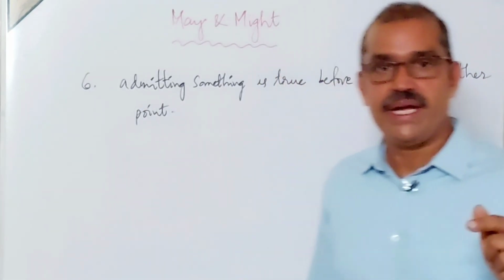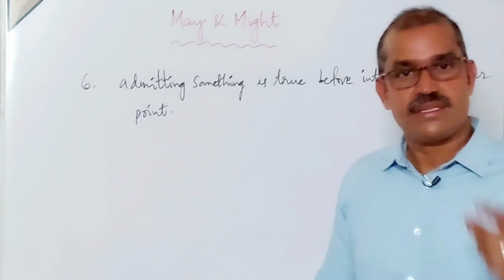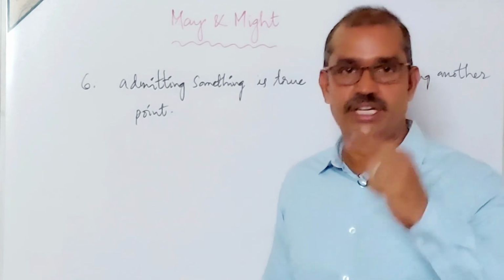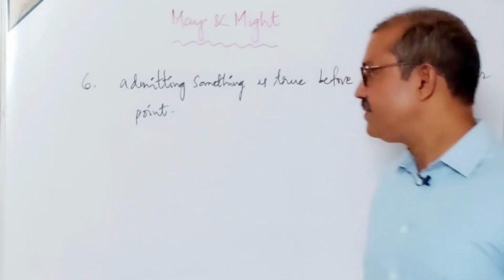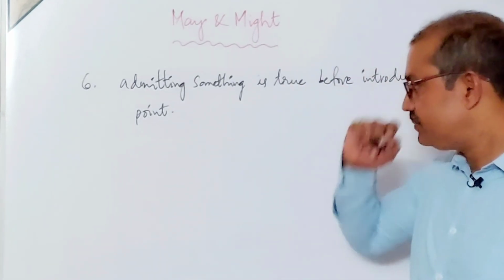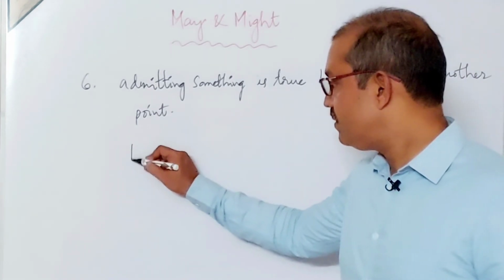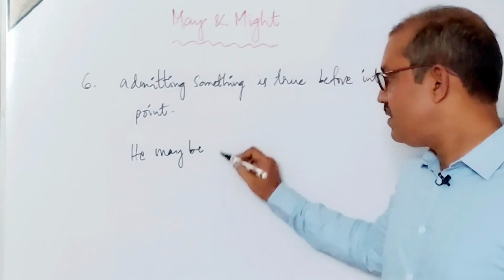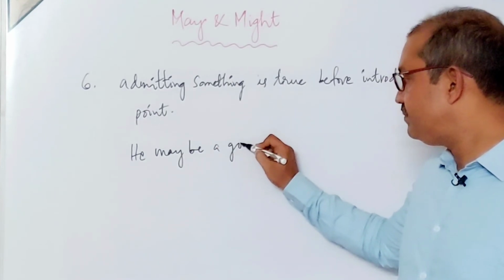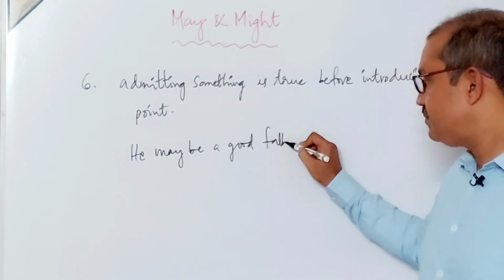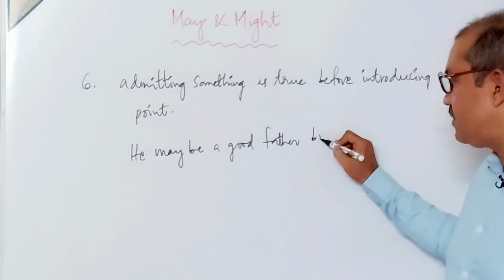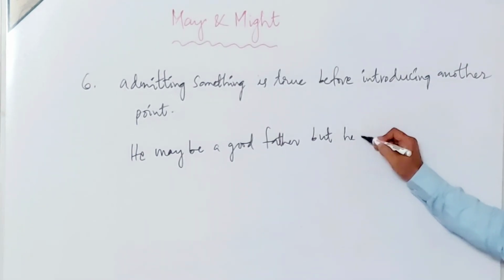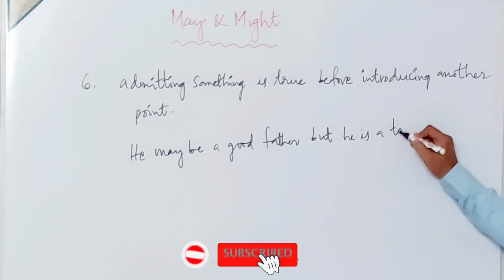Here may or might is used when admitting something is true before introducing another argument or different point. Look at this. He may be a good father, but he is a terrible husband.